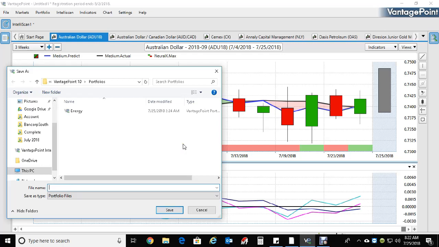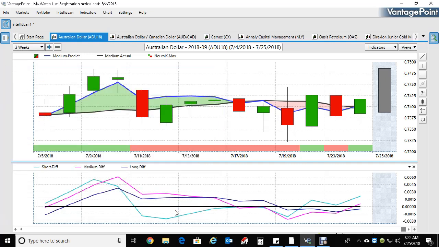So go ahead and name it. Okay. My Watch List. Perfect. Save, and now we have saved the portfolio, and you'll see the name of your watch list right there.